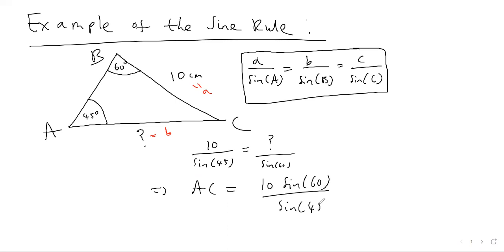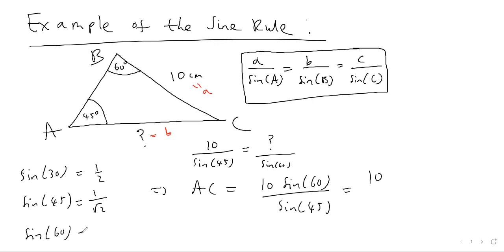Sine 60, we should know, is going to be root 3 over 2 using our exact trigonometric values that you probably would have seen before. So you've got sine 30 equals a half, sine 45 equals 1 over root 2, and sine 60 equals root 3 over 2.